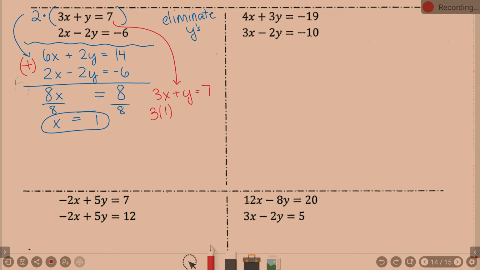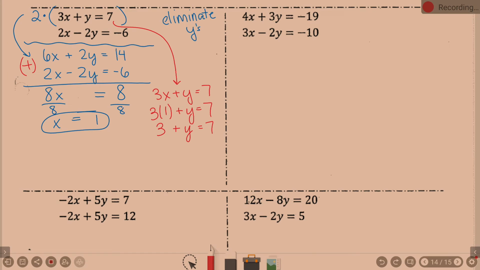So 3 times 1 plus y equals 7. Not saying you'd have to use this one, but this would be easiest. 3 times 1 is 3. 3 plus y equals 7.